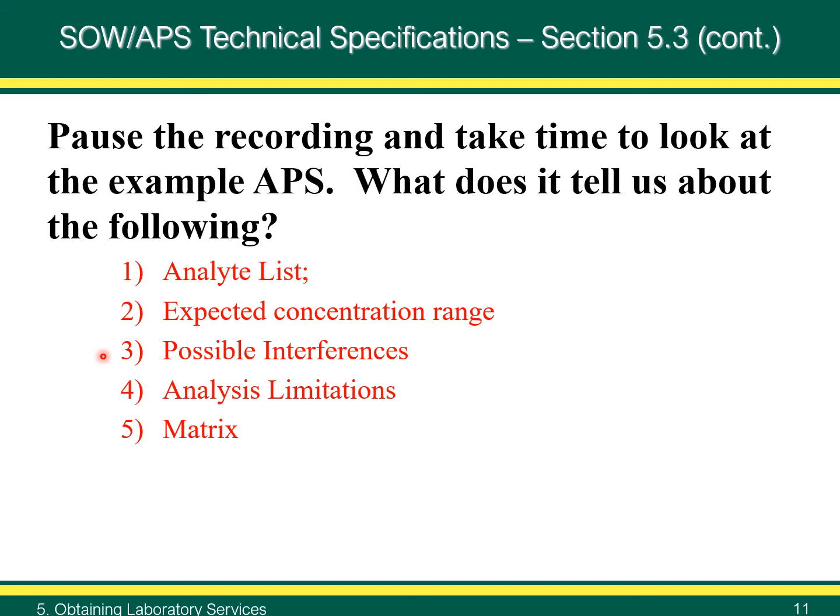The laboratory must therefore select a method that is specific enough to measure strontium-90, which is also a beta emitter. We'll talk more about this when we mention specificity in a moment or two.